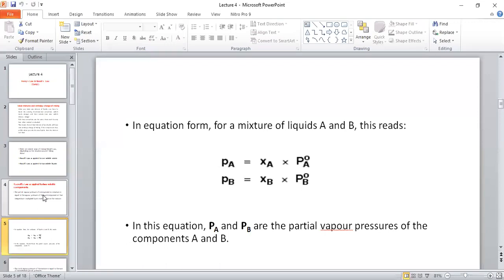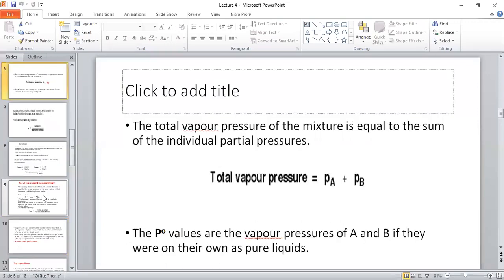You have the overall vapor pressure in that mixture. So the total vapor pressure of the mixture is equal to the sum of the individual partial pressures.